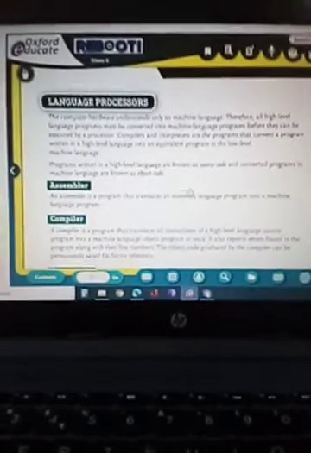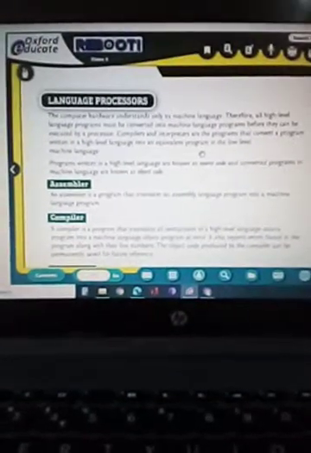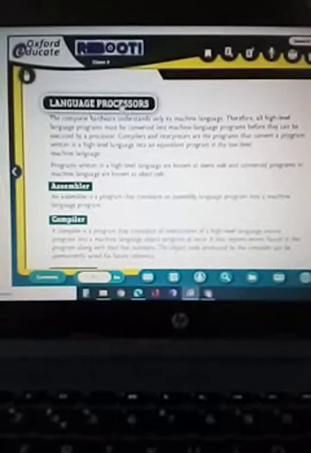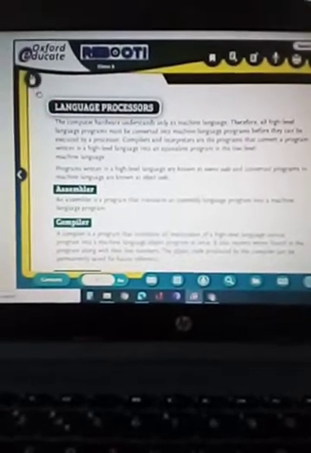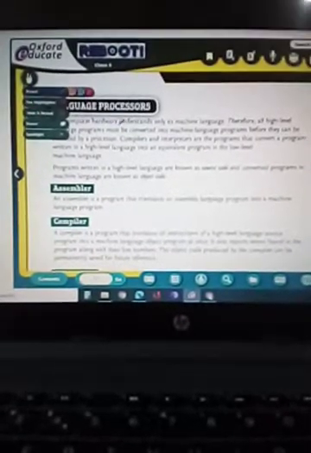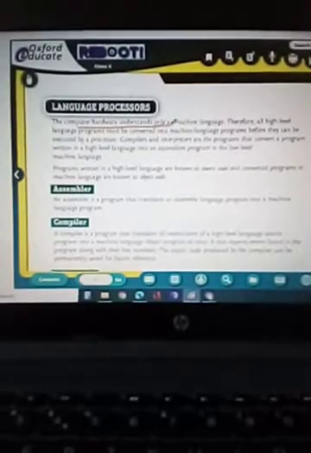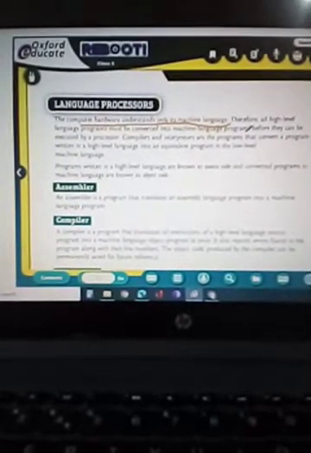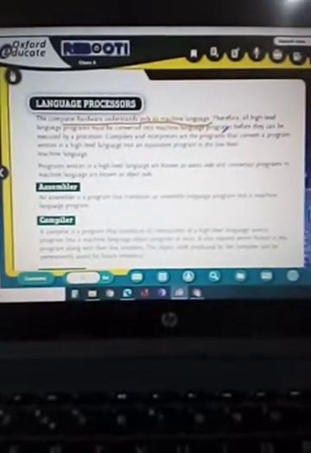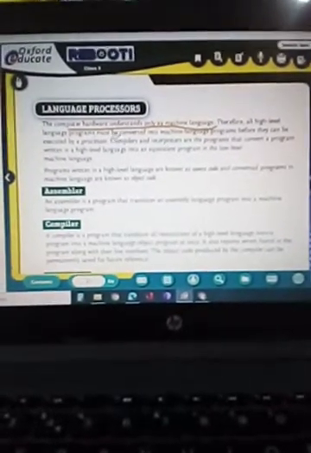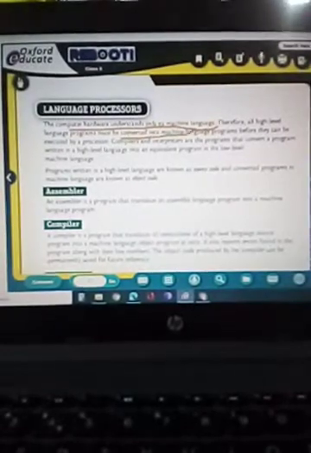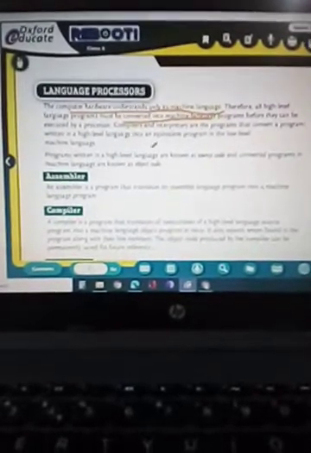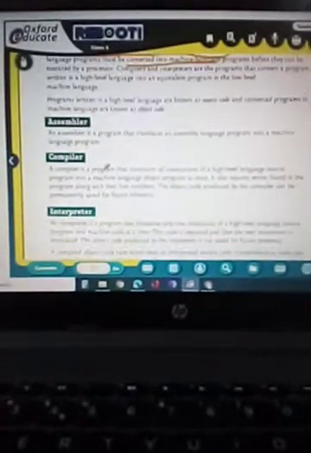Okay, so I will explain here. Language processors. Underline. Why we need the language processor? Because computer hardware can understand only machine language. Then if you have written in another language, what to do? We have to convert into machine language. So we need assembler, compiler, and interpreter.